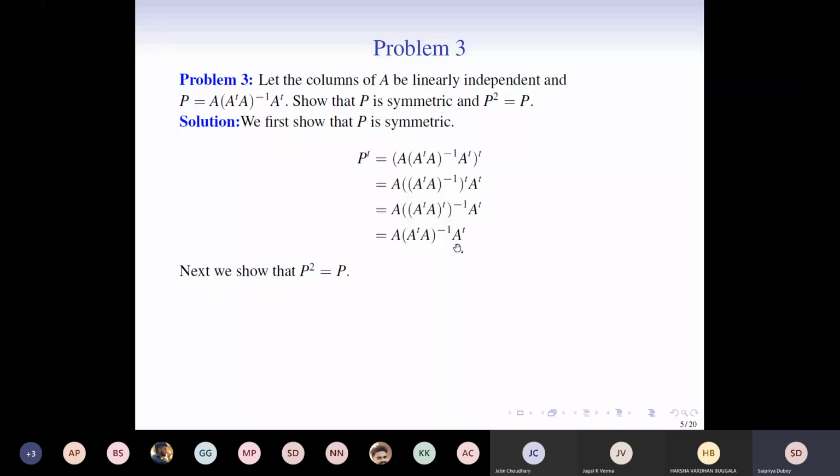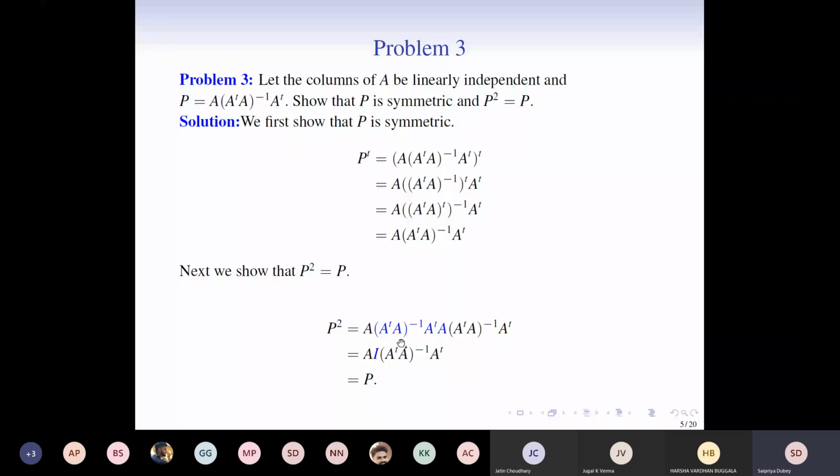We started with this. Next, we will show that P square is equal to P. So look at this. P square is just P times P. We just wrote that in the first line. Next, we see here that there is (A transpose A) whole inverse times A transpose A, which is equal to identity.